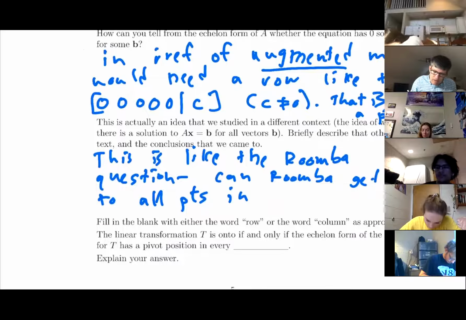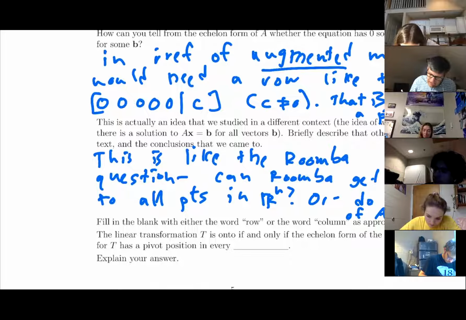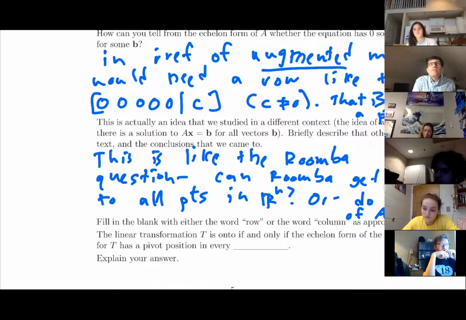Okay, sorry. In Rn, or do columns of A span Rn? So the question of ON2 is the same question as do the columns of A span Rn? Same question, exactly the same, right? Chase, you got a question?